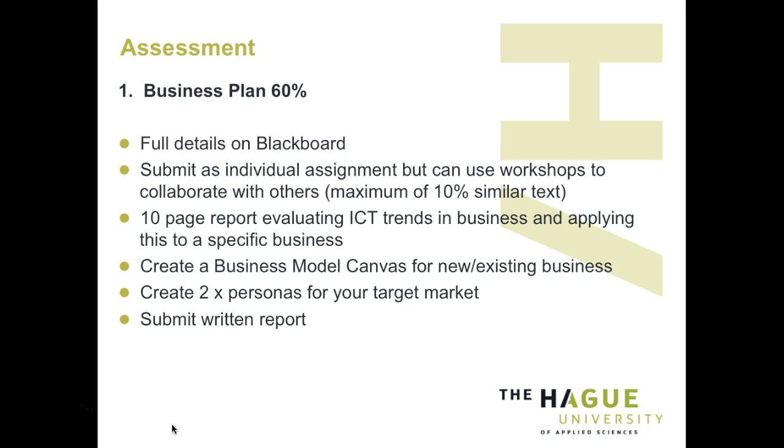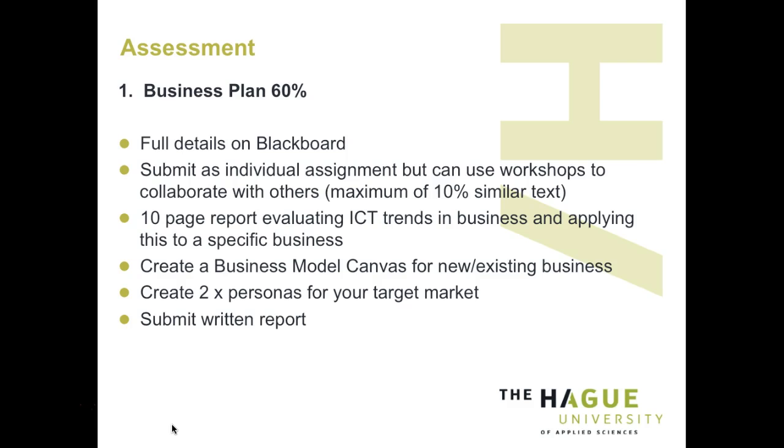For assignment 1, it is now on Blackboard. Please make sure that you go and take a look, download it, read through it and ask any questions. The full details are on Blackboard. It's a 60% grade and it's submitted as an individual assignment. But we really encourage you to use the workshops to collaborate with your classmates, and of course your lecturer will be there to explain things further and answer any questions.